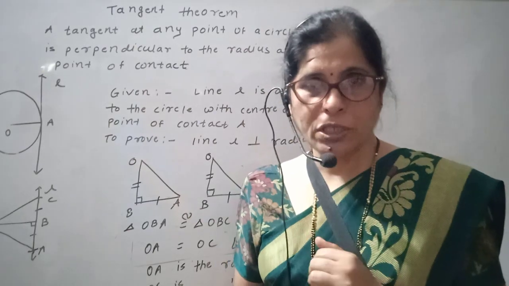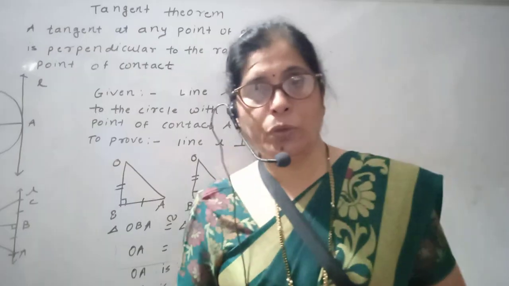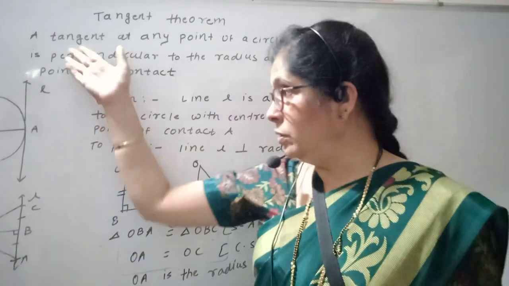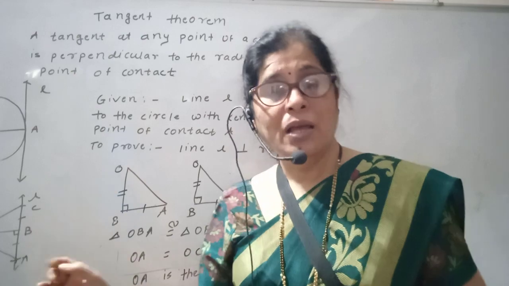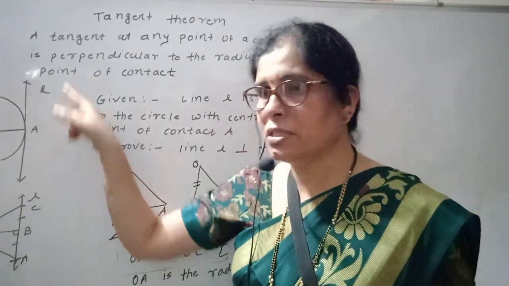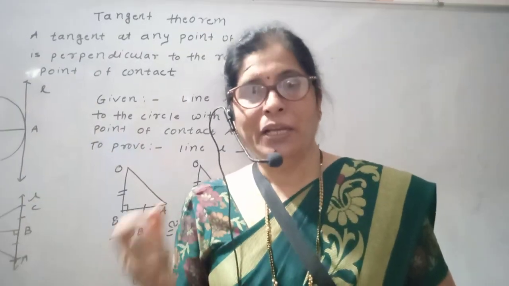But it is not possible, because according to the definition of the tangent, a tangent is a line passing through the exterior of the circle such that one and only one point is common between the circle and the line. Then that line is known as a tangent.